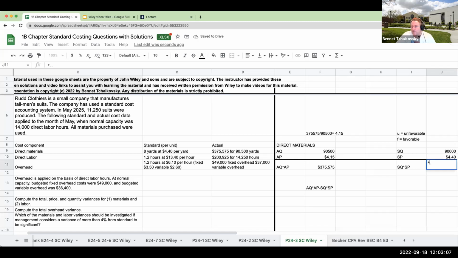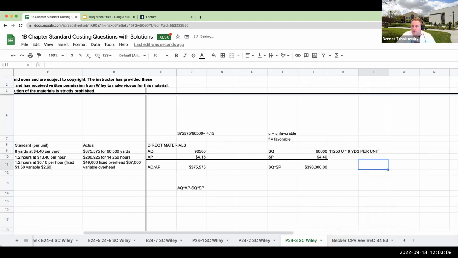So the total amount I should have paid is $396,000. My total direct materials variance is going to be favorable, because I spent less than I should have.